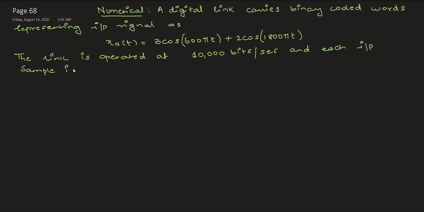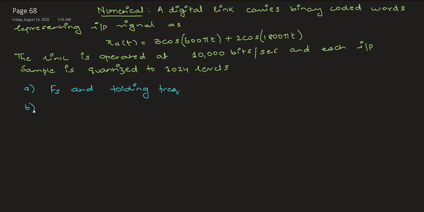So what is the link operating data rate? Bits per second is nothing but your bit rate, right? Bit rate or data rate. Whenever anything is divided by second, that's your rate. So bits per second, bit rate. Baud per second, baud rate. Then what else do you have? Sampling rate, samples per second. Except for cycles per second, we don't call it a cycle rate, we call it a frequency.